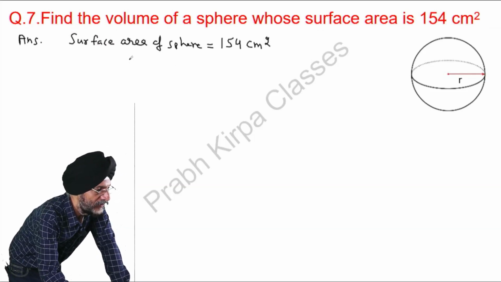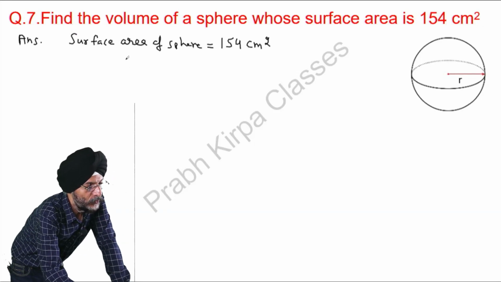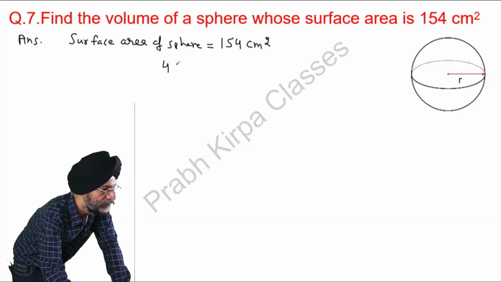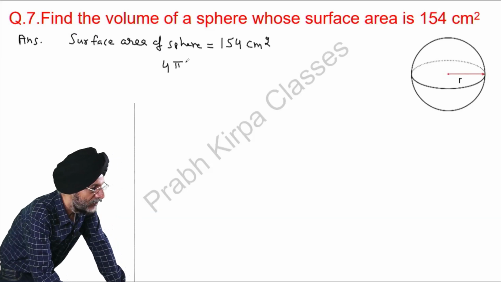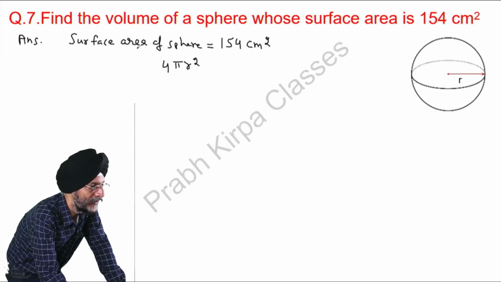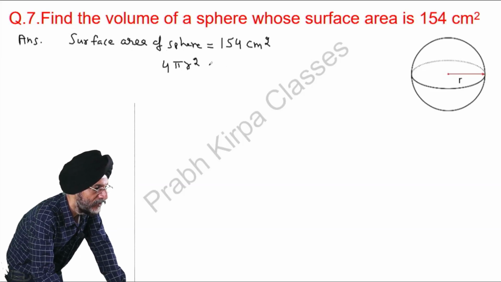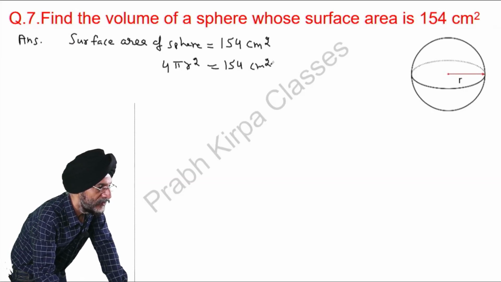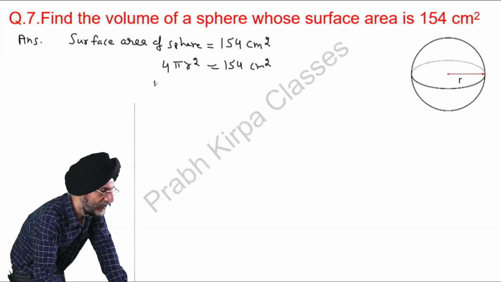We also know that the formula for calculation of surface area of sphere is 4 pi r square. It is equal to 154 square centimeter. So now we will put in the relevant values.